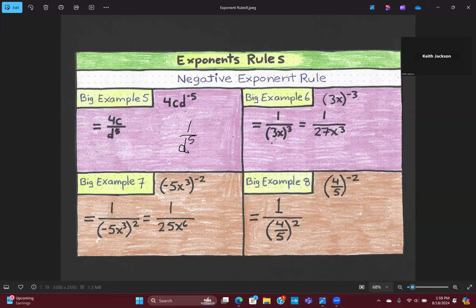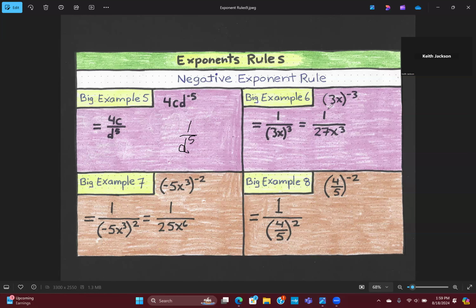Now let's just take our learning over to big example 6 and apply it the same way. And if we recall from the previous video that any number raised to a negative power or any variable raised to a negative power, we're just going to write it in terms of 1 over, let's say, that quantity right there, that expression.